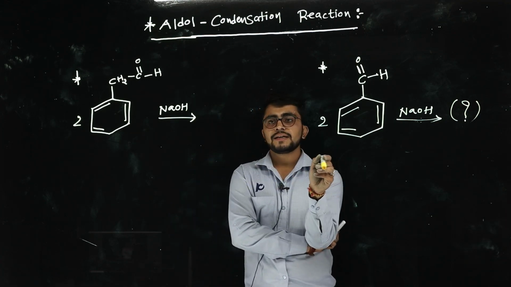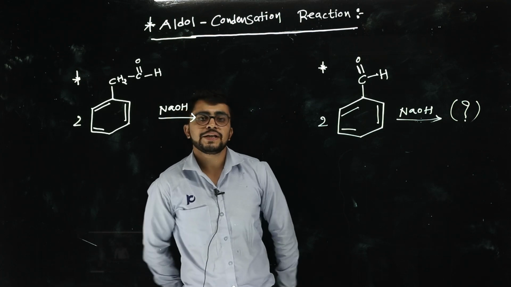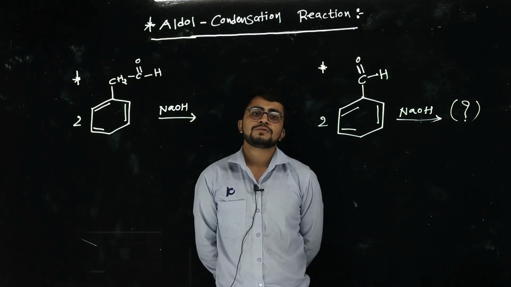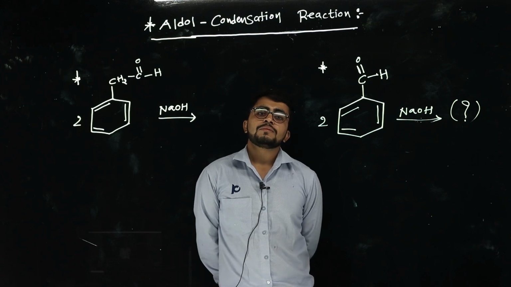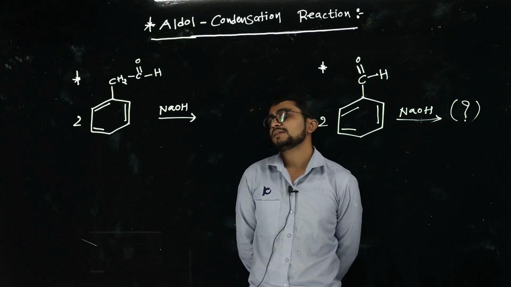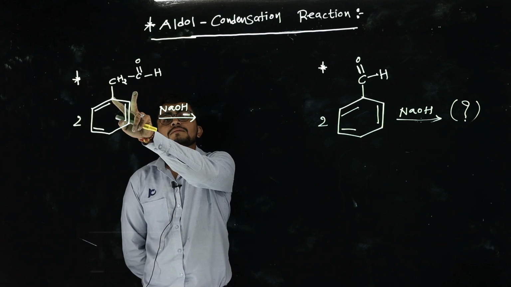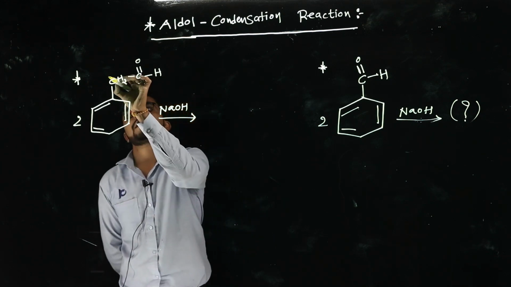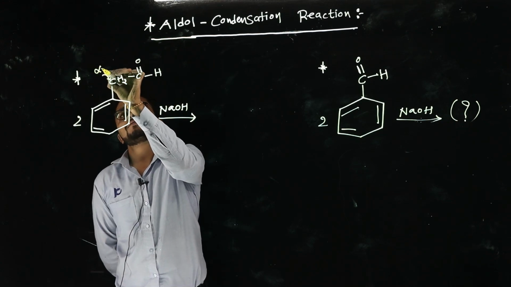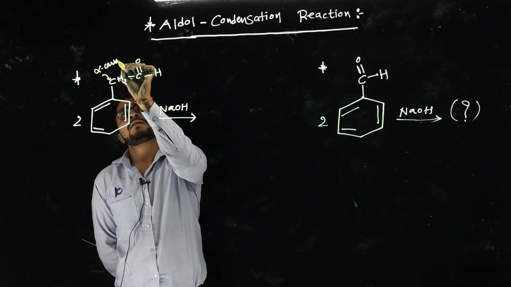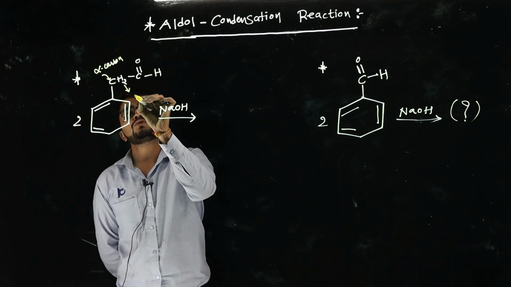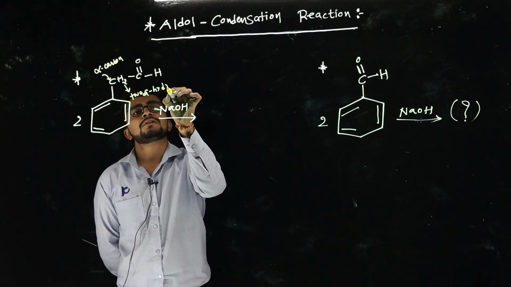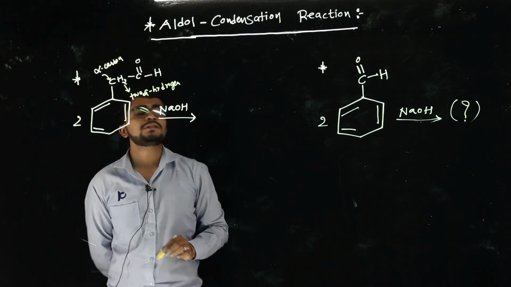So here the primary requirement of this reaction is alpha hydrogen. First, the alpha hydrogen is the major possibility for this reaction. In this first compound there are two alpha hydrogens. These are the alpha carbons and these are the two alpha hydrogens.